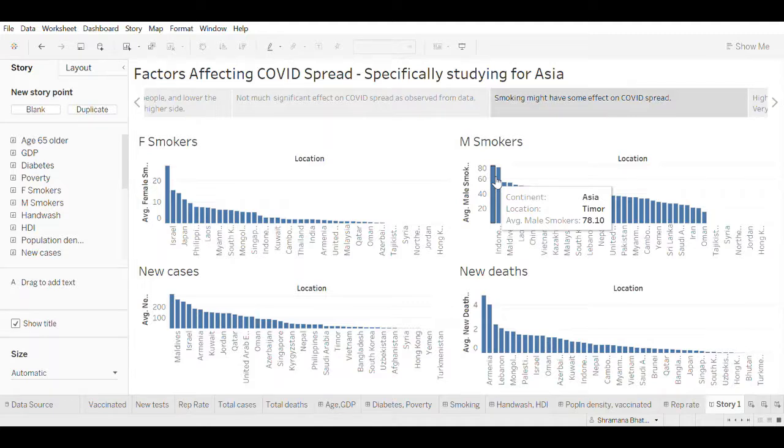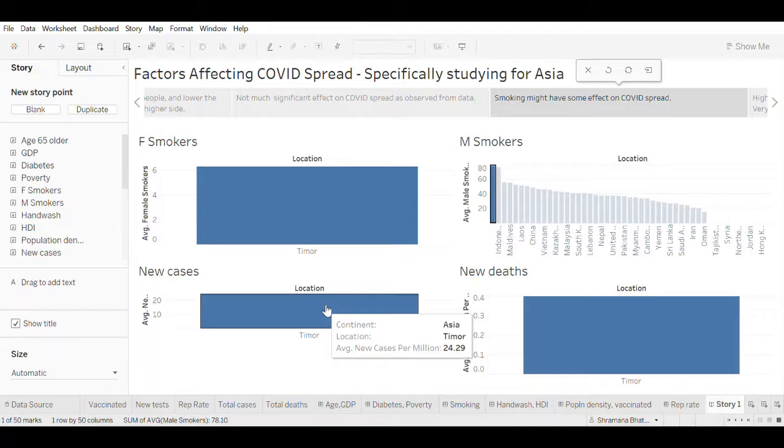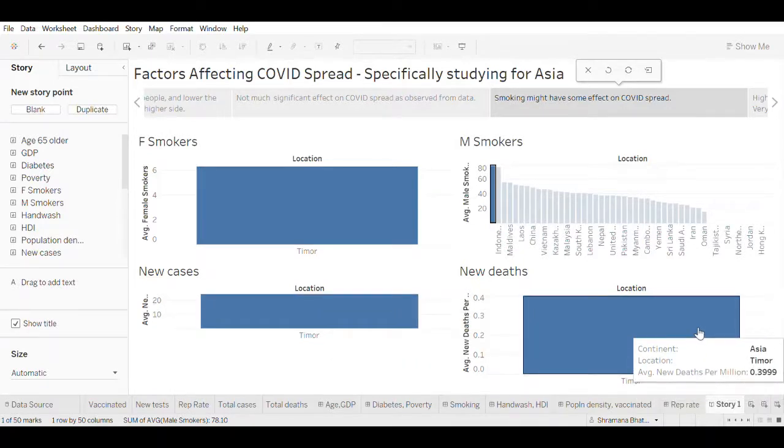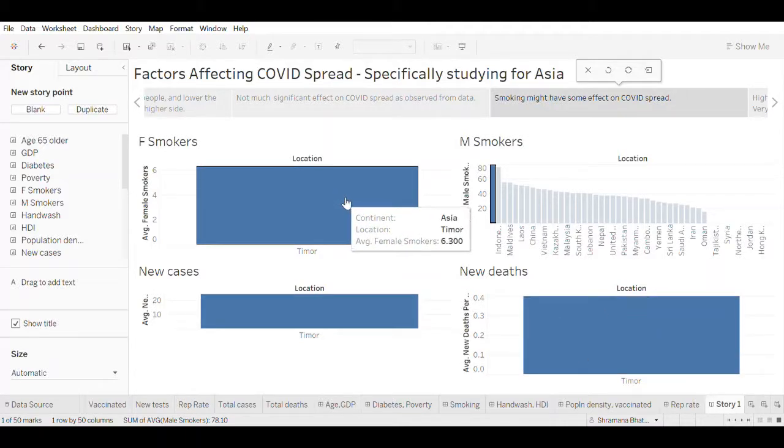Let's check the COVID cases for Timor. Not very high, as you can see, but deaths are also on the lower side. This was also on the lower side, but female smokers more or less, you can say.